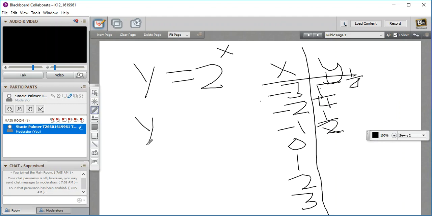So when we let our x be a 0, anything raised to the 0 power is equal to a 1. Okay. Next one. X is 1. So if we let the x be 1, 2 to the first power is a 2.